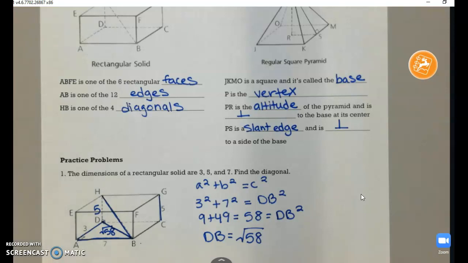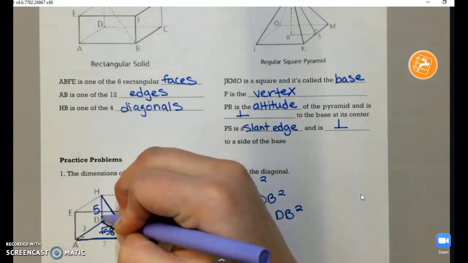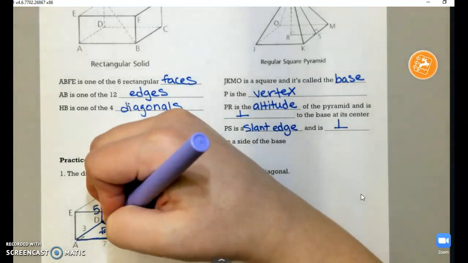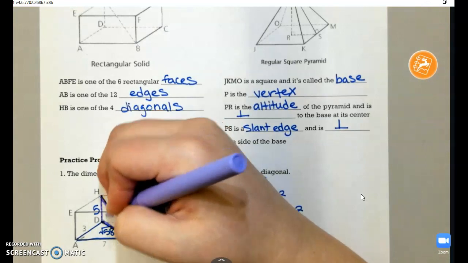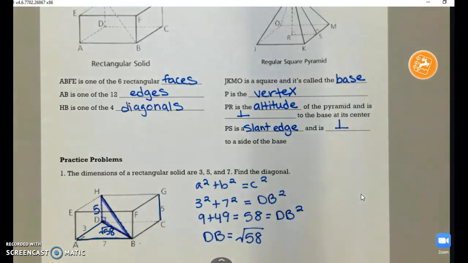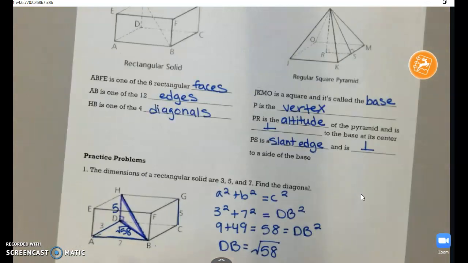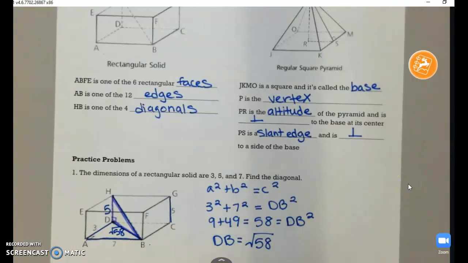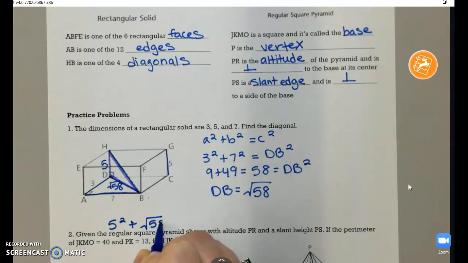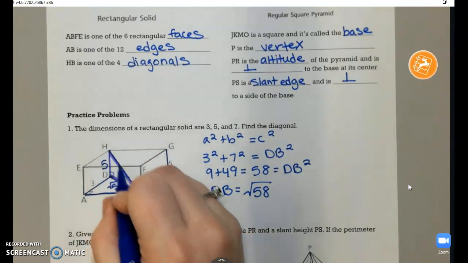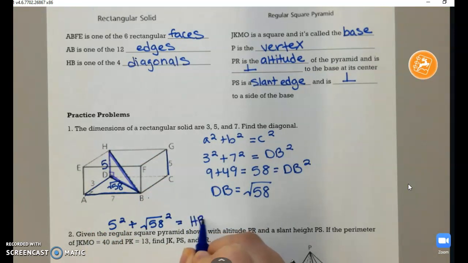Now I'm going to use that length and my height HD to find the hypotenuse of this other right triangle right here. So again, Pythagorean theorem is going to be 5 squared plus the square root of 58 squared is equal to HB squared.